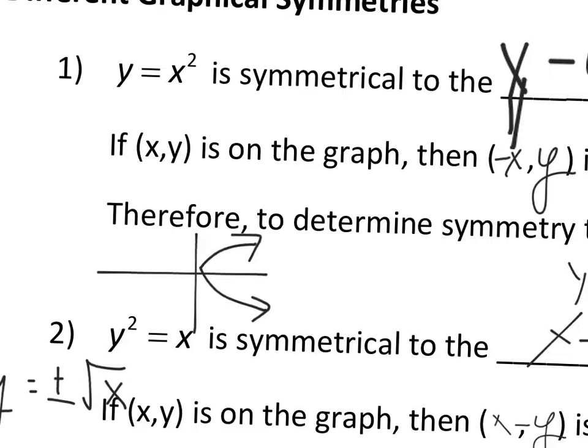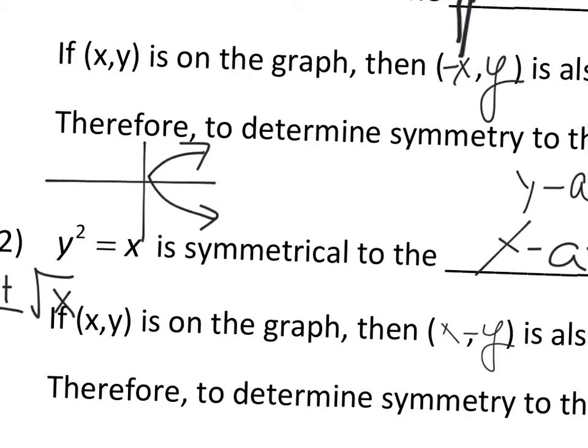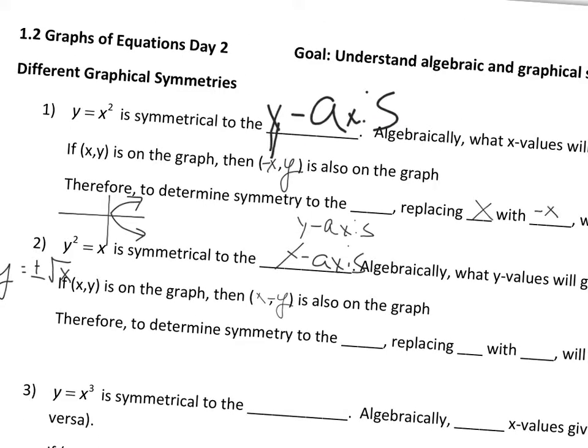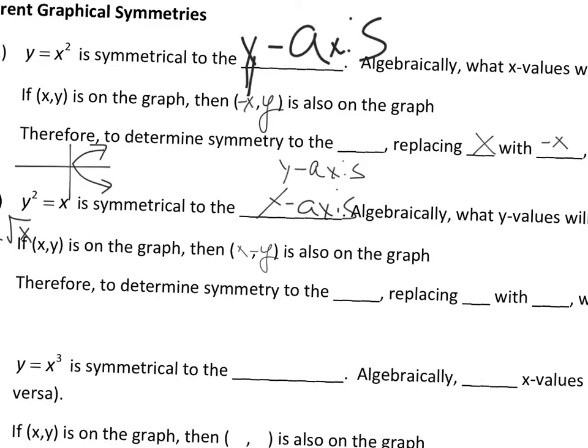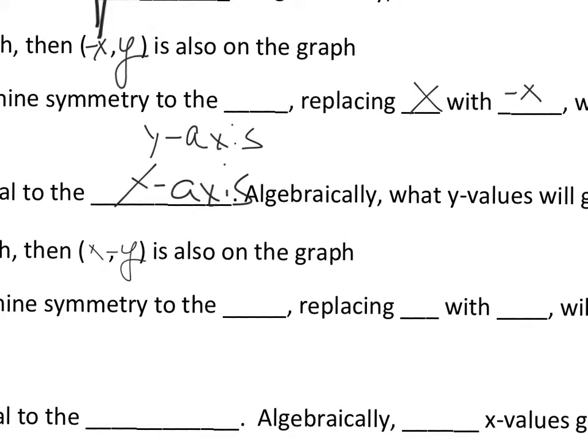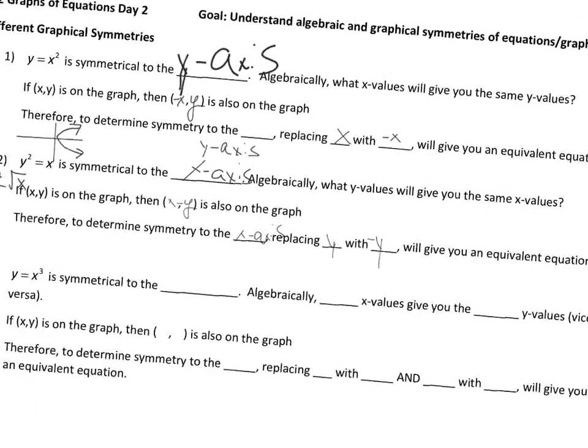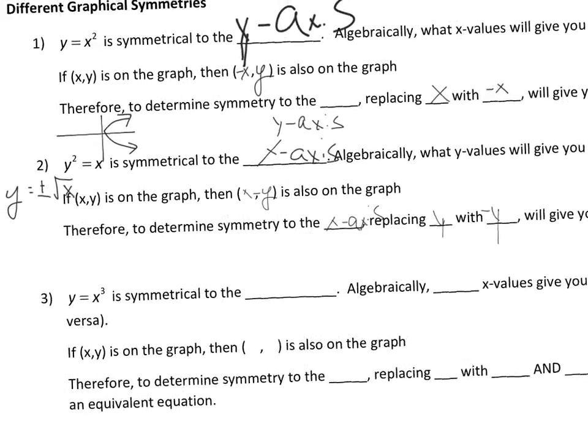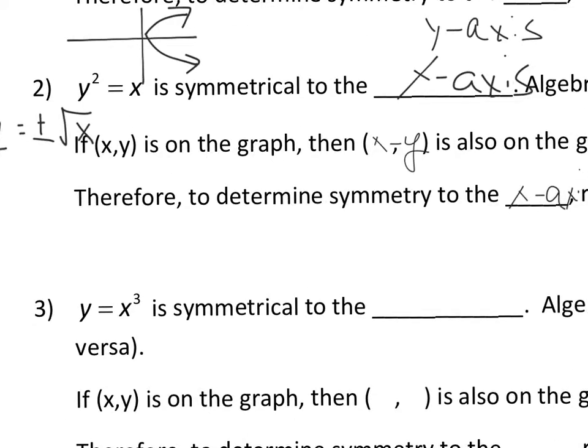What negative y values give you the same x value if you think of plugging in y values? Typically think about it as inputs and outputs, but again, we're just dealing with equations. We're not dealing with functions yet. Therefore, to determine symmetry to the x-axis, we replace y with negative y, and if it returns the same equation, then it's symmetrical to the x-axis.